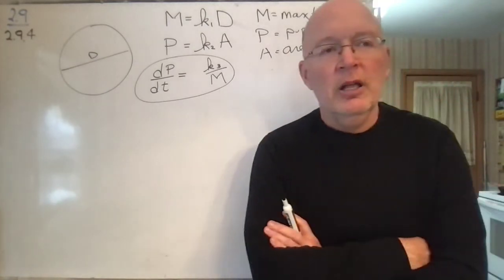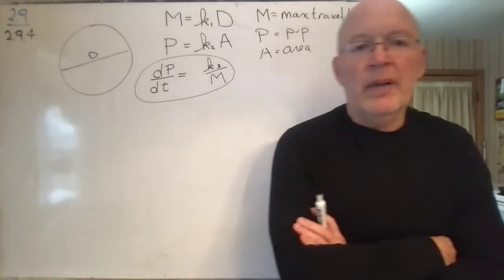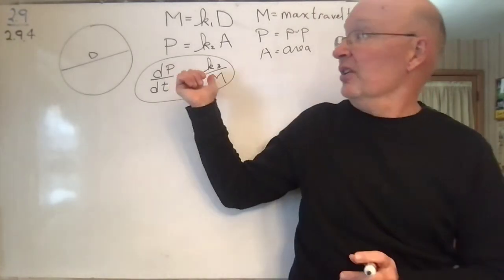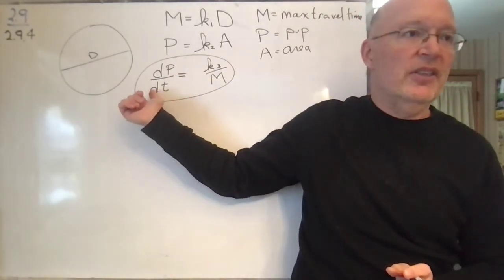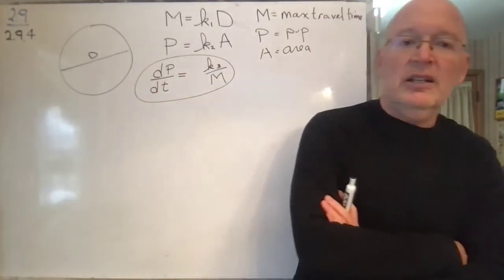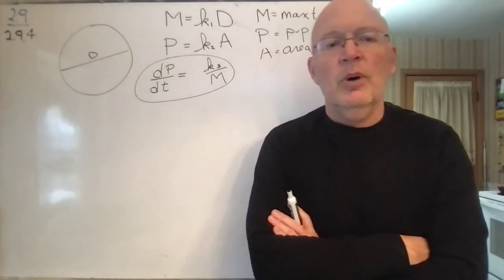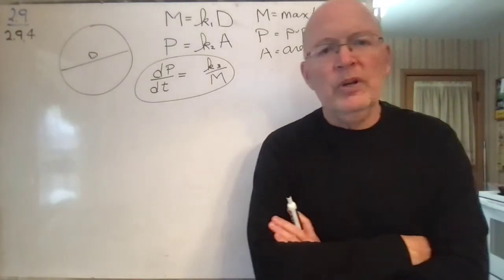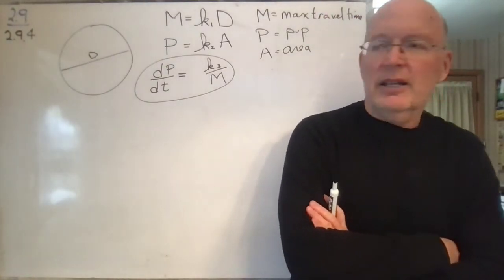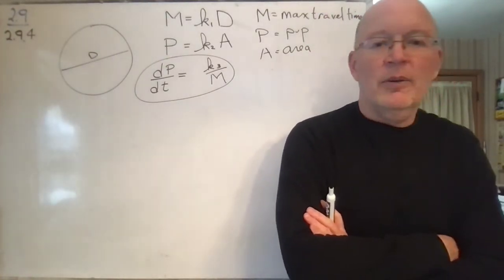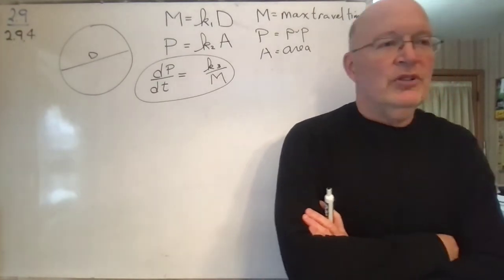In particular, why would it be that as the maximum travel time increases, the rate of increase of the city is going to decrease, that it won't grow as fast? Why is that reasonable? I'm not going to give you the answer to that. You think about it. I want you to give it to me. But just think about it.